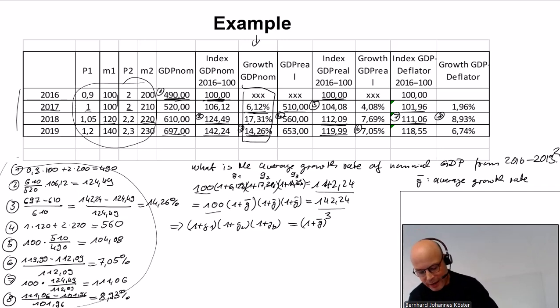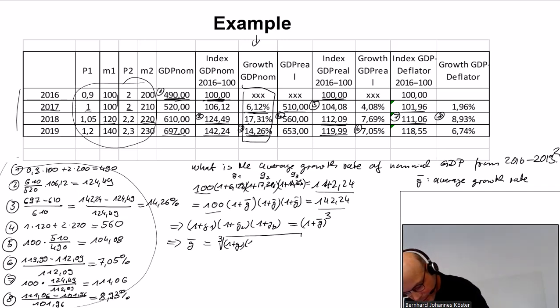So then you have to take the third root of this left side and subtracting 1. So then we get G bar is the third root of 1 plus G1 times 1 plus G2 times 1 plus G3, minus 1.